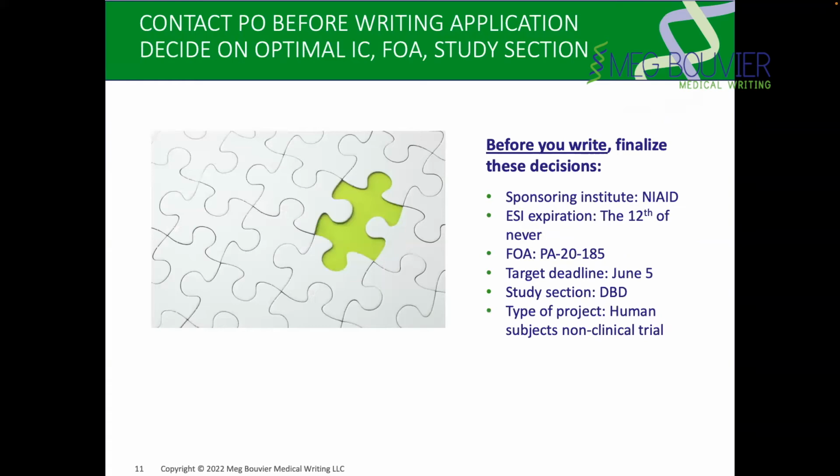By the time you sit down to write, you know your sponsoring institute, you know your exact ESI expiration date, you've nailed down a selection of funding opportunity announcement, you're sure and firm on the target deadline, you know the optimal study section after discussion with colleagues and the program officer, and you know whether it's a human subjects application, which would determine the structure of your approach and whether or not you have to fill out the human subjects form. So any questions on this?